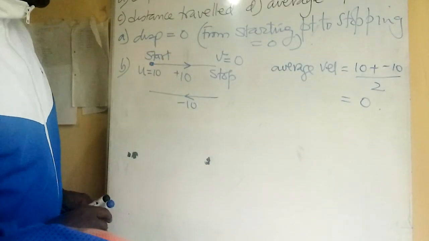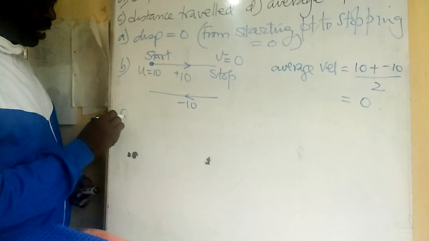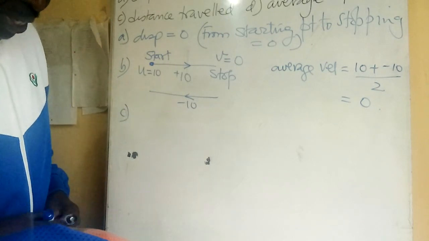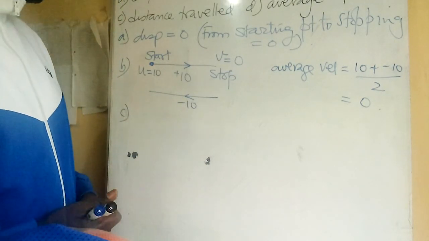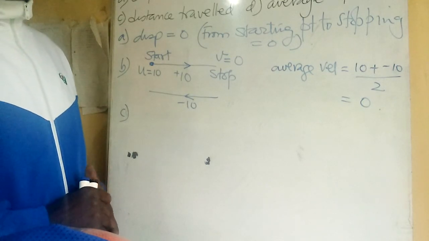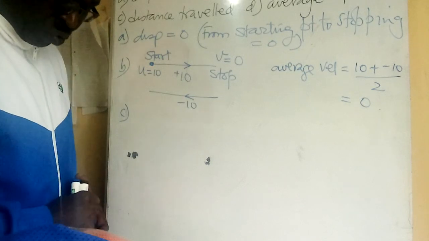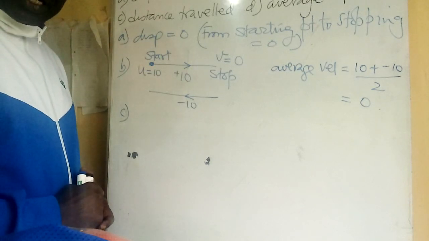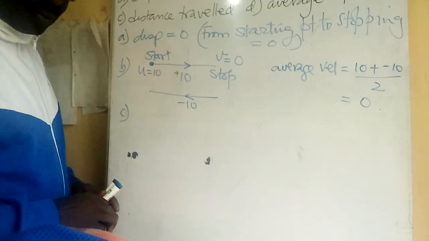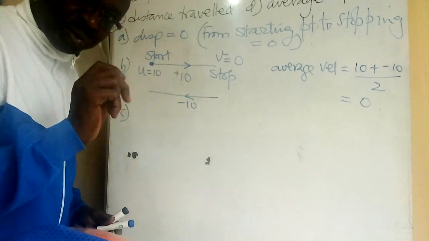Yes. Now, let us look at C. C is asking distance traveled. What is the distance traveled? Distance traveled has two parts of motion.